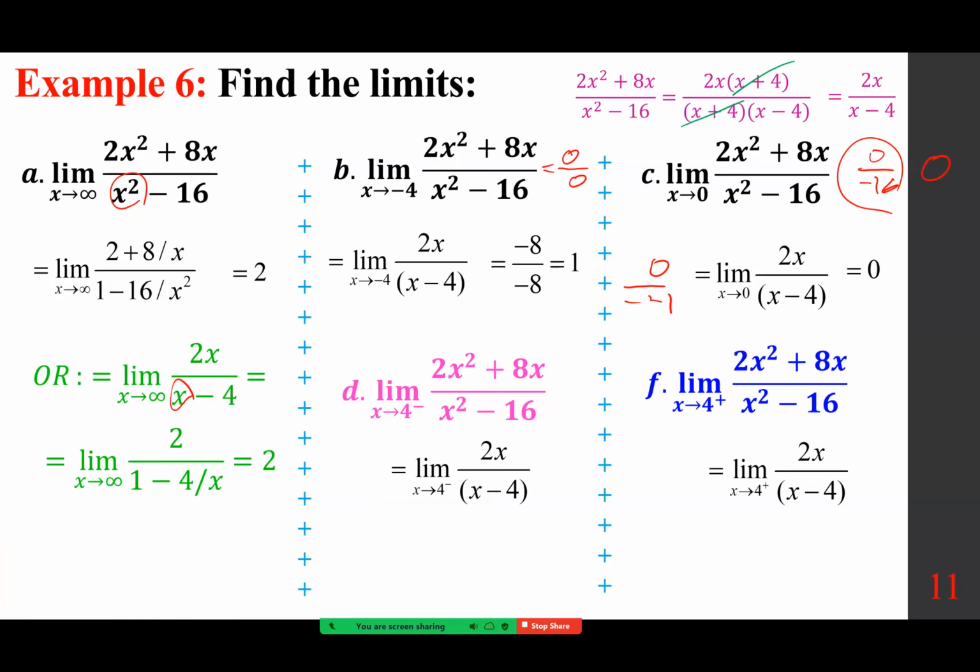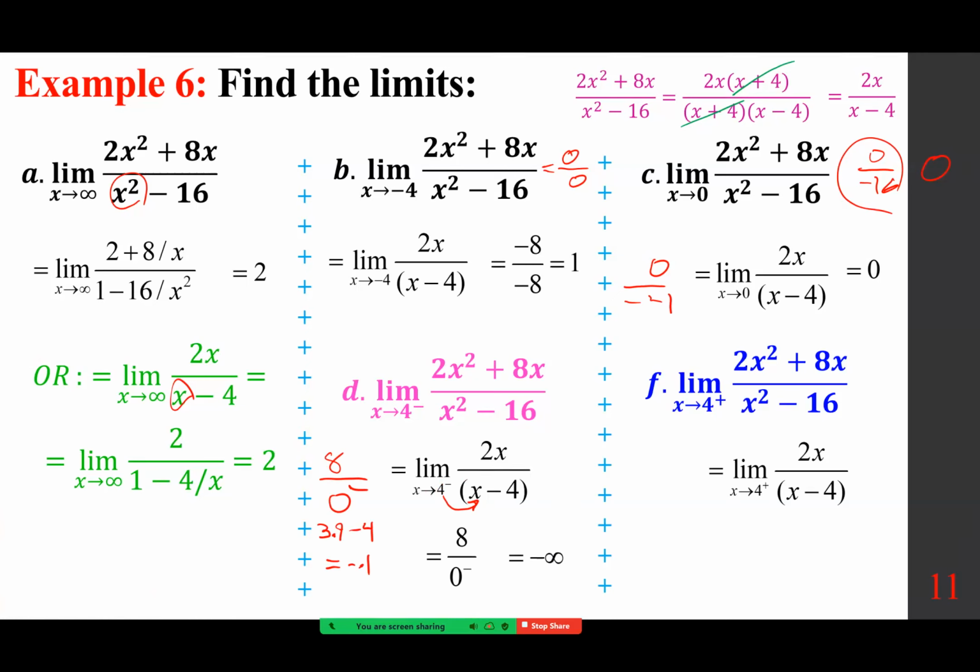So when you plug in, you get 8 over 0. But is it 0 from the right or left? So you pick 4 from the left, which means like 3.9 minus 4, and that makes it minus 0.1. So it's 0 from the left, and now you know the answer is negative infinity.